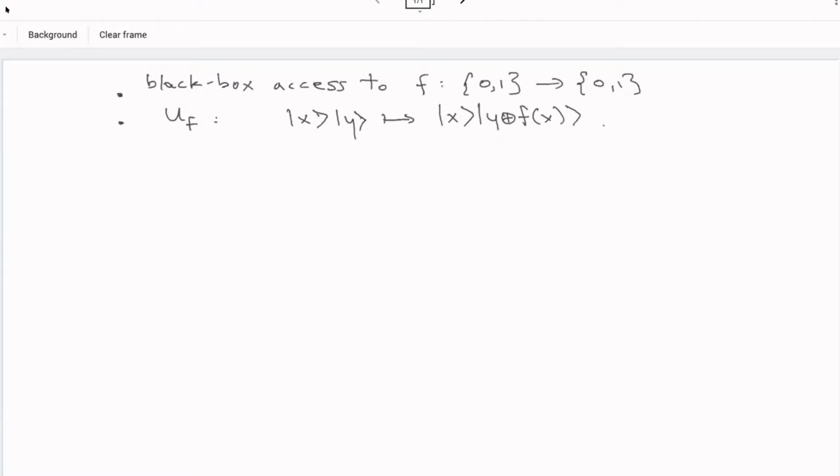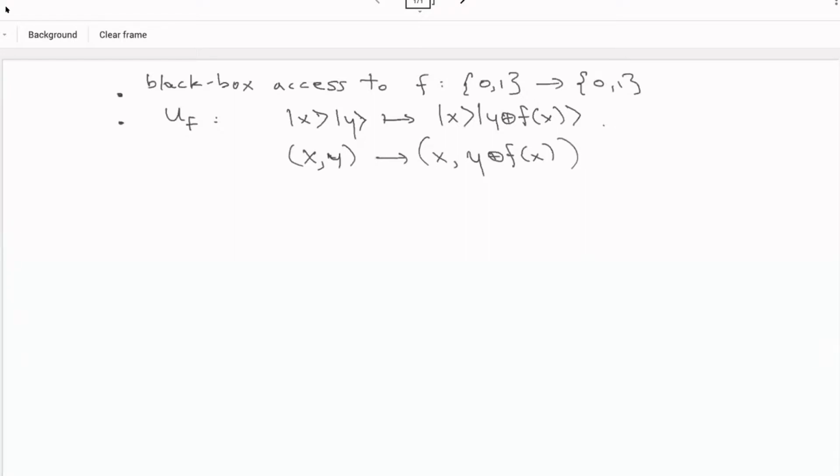And remember, we had argued that in the classical case, if I were given black box access to a function that acts in a similar way, on the standard basis, then this doesn't really allow me to determine whether f is constant or balanced using a single query.